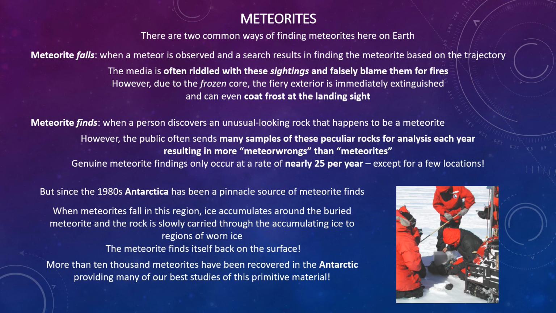But scientists can still calculate backwards and get a rough idea of what the original composition was, but it's best to keep a find as fresh as possible. And so often the public will send in a lot of samples of peculiar looking rocks for analysis, but quite often they are meteorwrongs instead of meteorites. Genuine meteorite findings happen very rarely, with only about 25 per year.